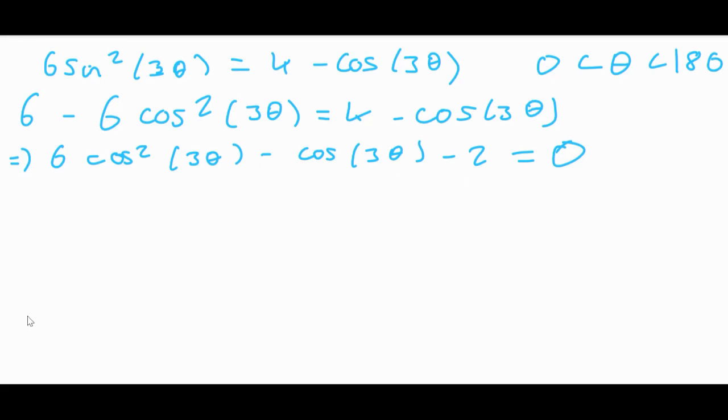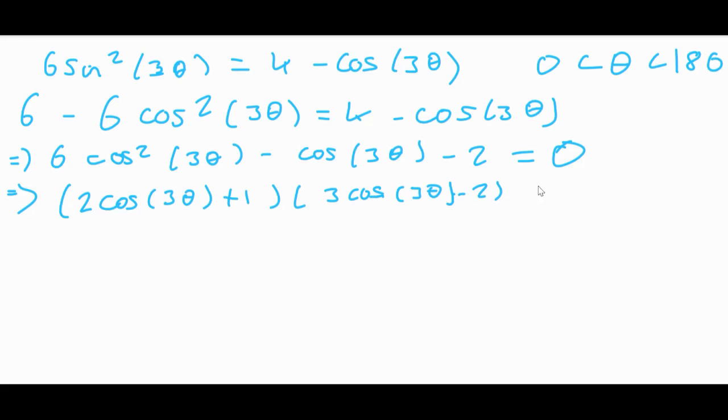Now we can factorize, giving 2 cos 3 theta plus 1 multiplied by 3 cos 3 theta minus 2 is equal to 0.